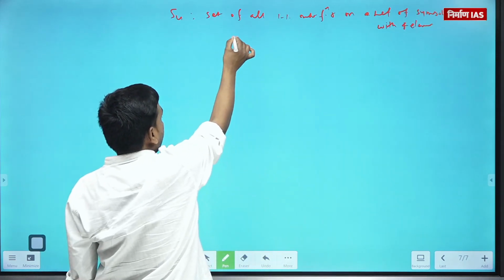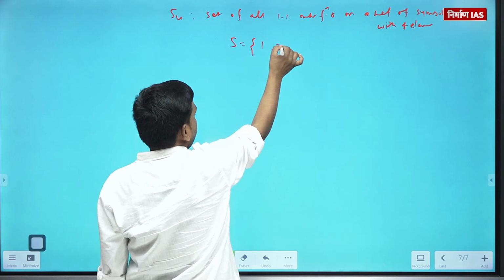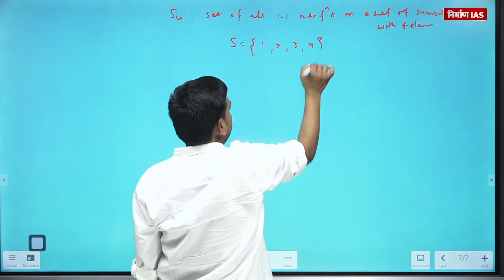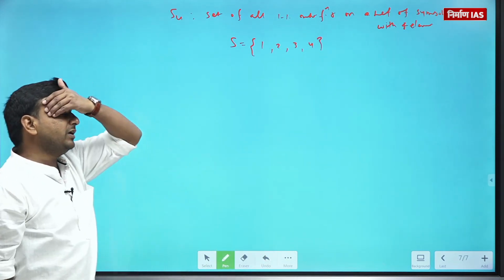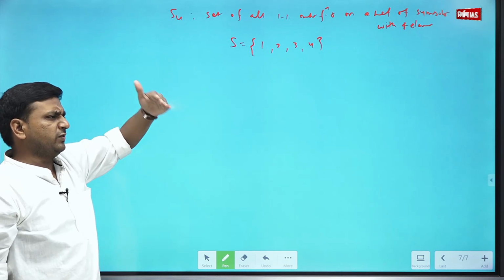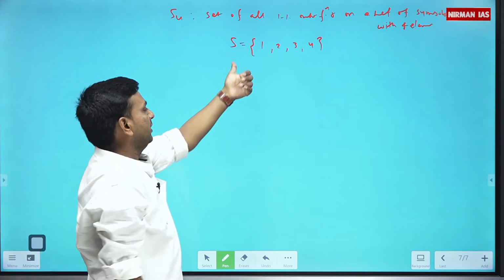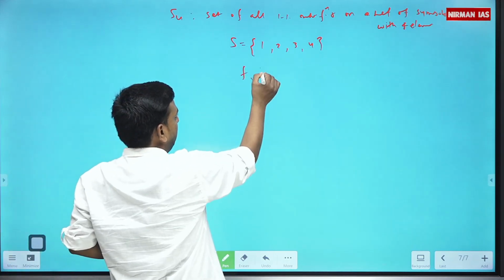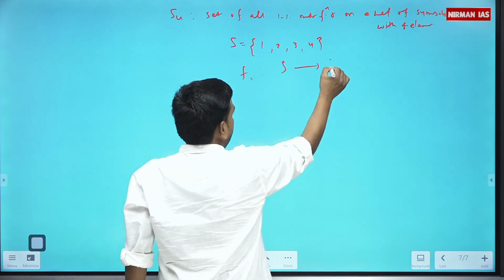That means the set will comprise 4 symbols S, and I will define all possible 1 on 2 functions from S to S only.